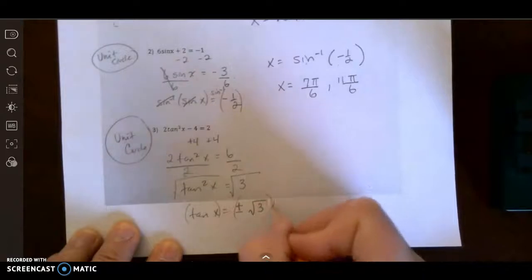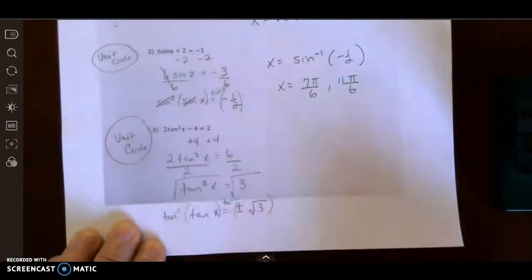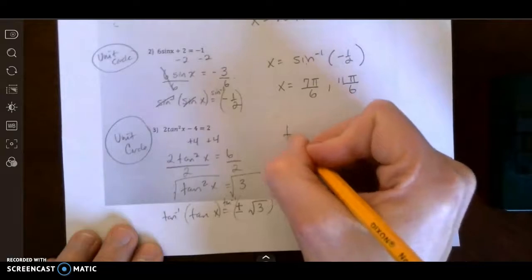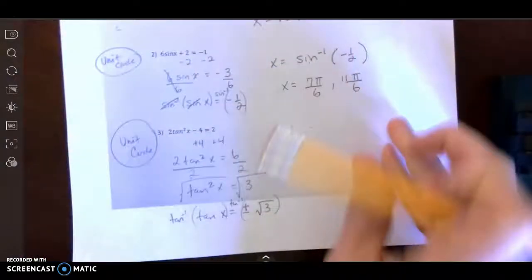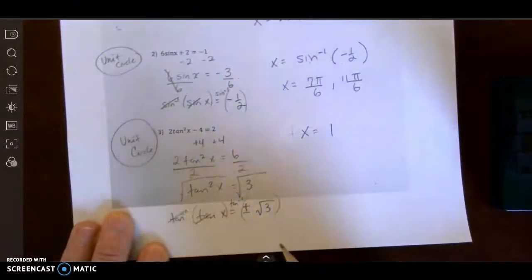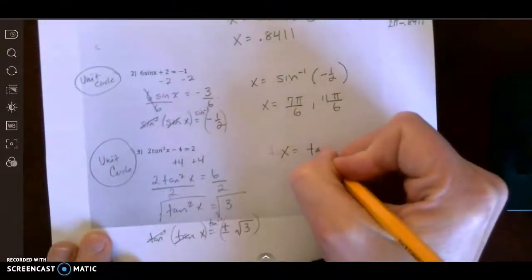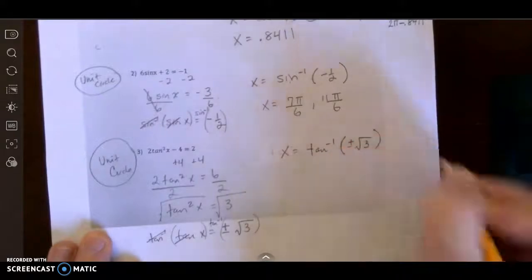Take the inverse. And I get that x equals, because these tangents cancel, the inverse tangent of plus or minus the square root of 3.